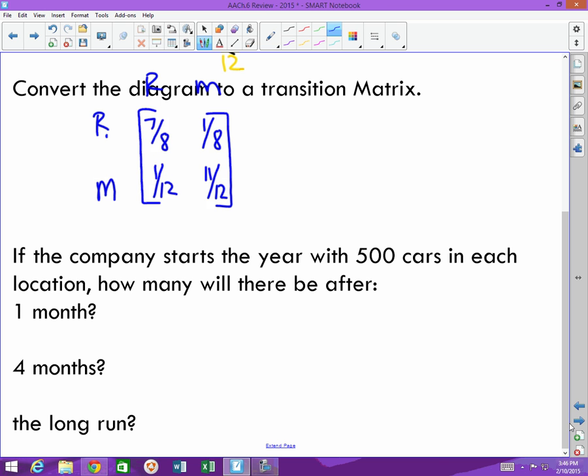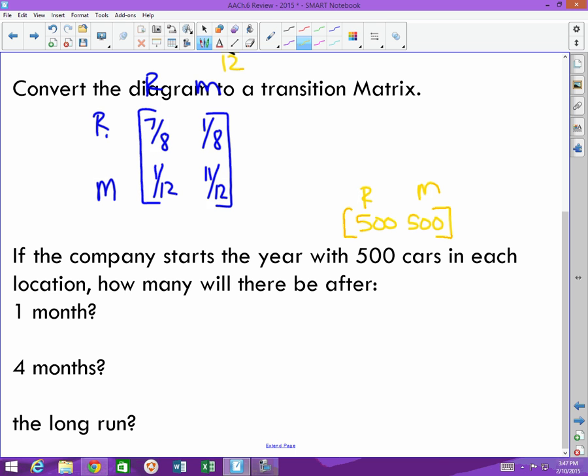Then it says if the company starts the year with 500 cars in each location, how many will there be after 1 month? So this would be in Rochester and Minneapolis. You would have 500 and 500. Now, using your calculator, you would enter those values in, and then you would do some multiplying.